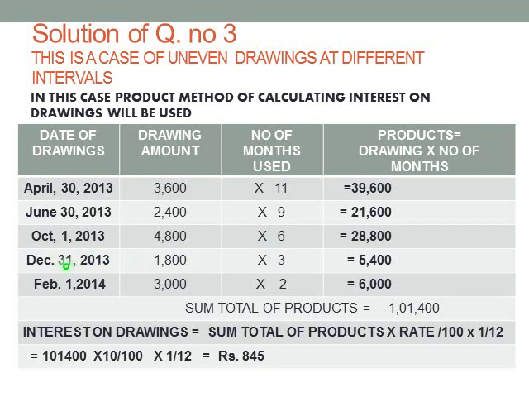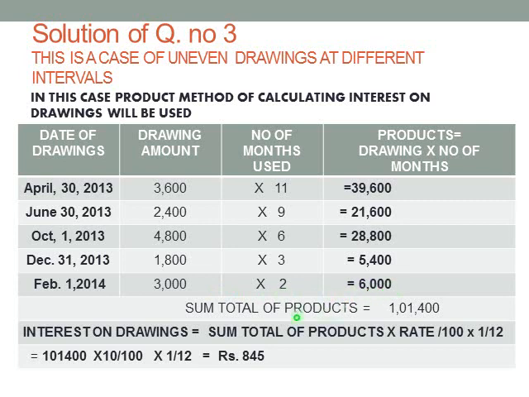Next drawing is on 31st December. Product of these two 5,400. Next drawing is on 1st Feb. Amount withdrawn is 3,000, used for 2 months, and the product of these two will be 6,000.